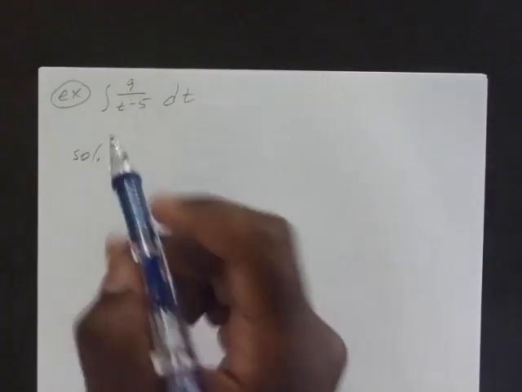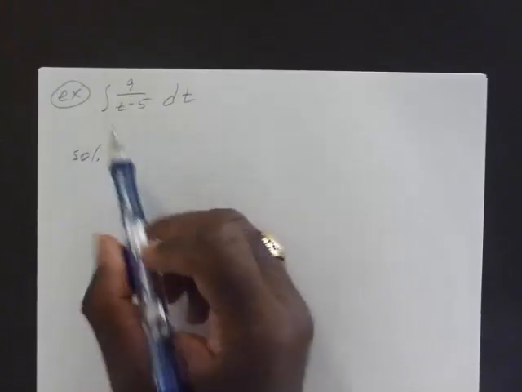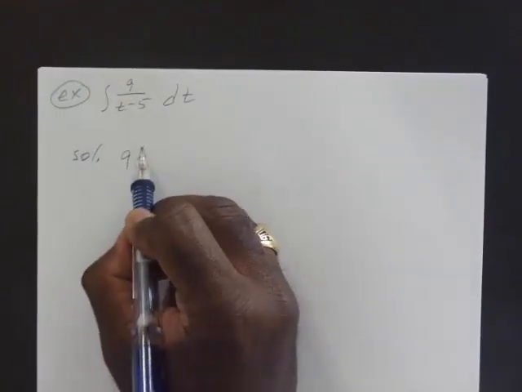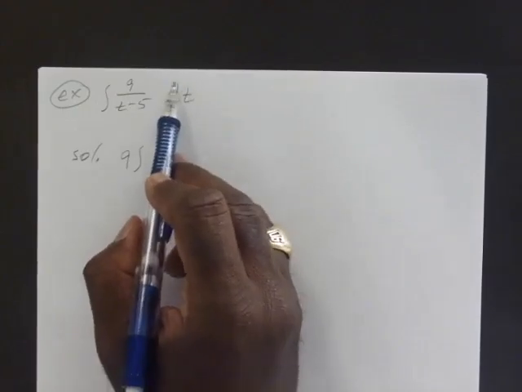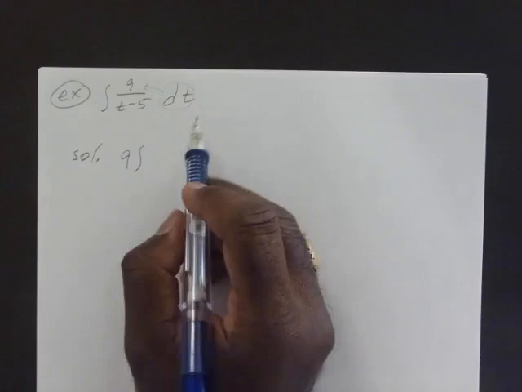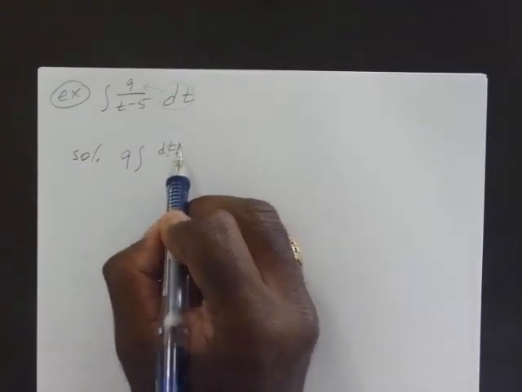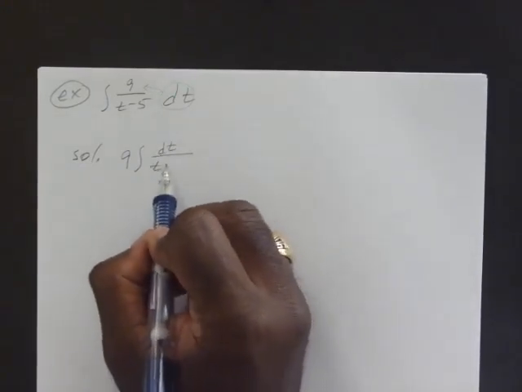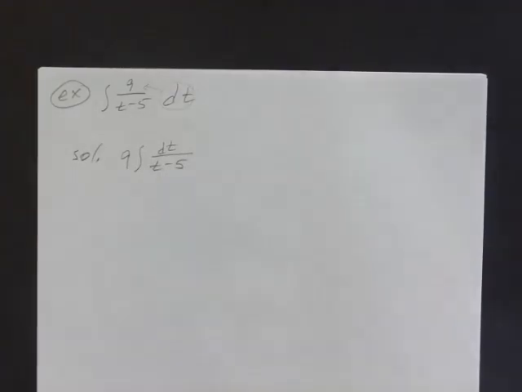Okay, so if we rewrite this, just get that 9 and bring it out to the front, times the integral, that dt, we can just move that right up there in the numerator. So we can say dt divided by t minus 5. Now you don't have to, this just puts it into a more familiar form.